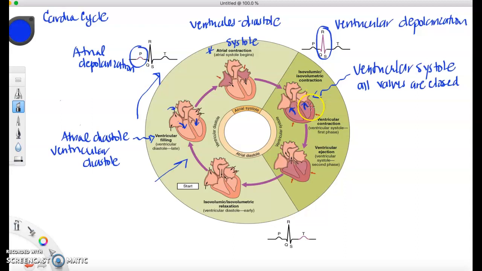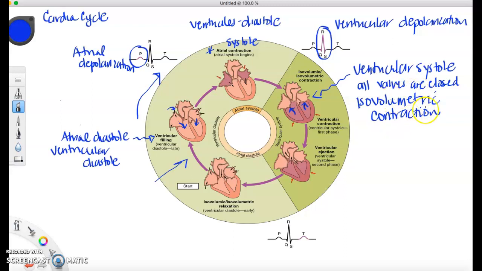into and out of that ventricle, we can kind of measure the amount of blood that's in there. So that moment is called the isovolumetric contraction.